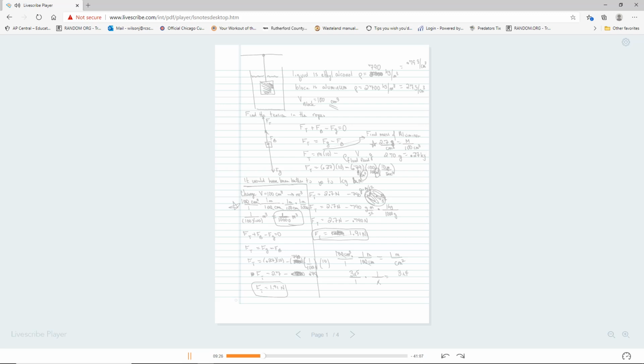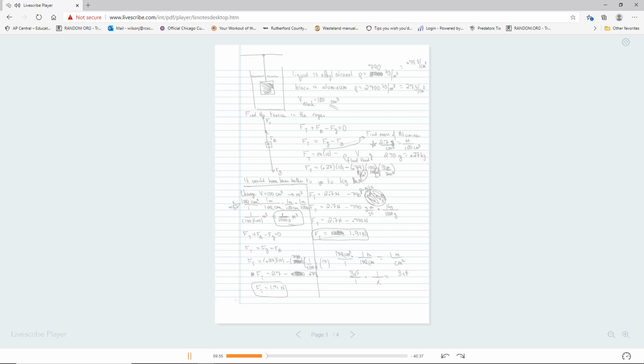So I'm going to take 0.70 of the volume, and we're going to let that be length times width times height. That'll tell us how much is below. 70% of the volume is below the water line. You okay with that? That's the volume below the water line. You find the volume by doing length times width times height.